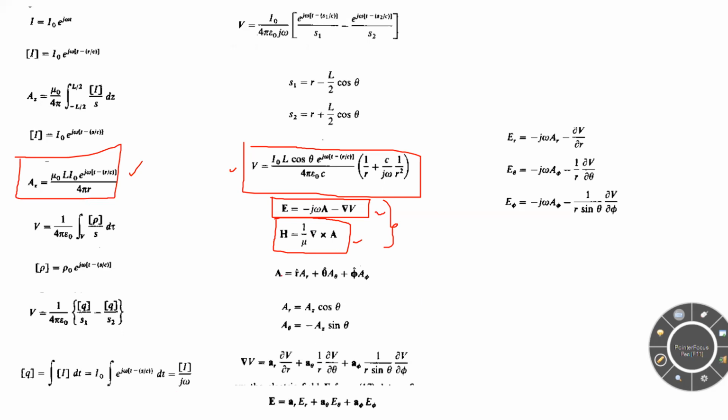Now, since A can be represented in r, theta, phi representations, and we have only AZ here, if I convert using that AZ, I will be able to obtain AR and A theta, where AR is given by AZ into cos theta and A theta is given by minus AZ into sin theta.